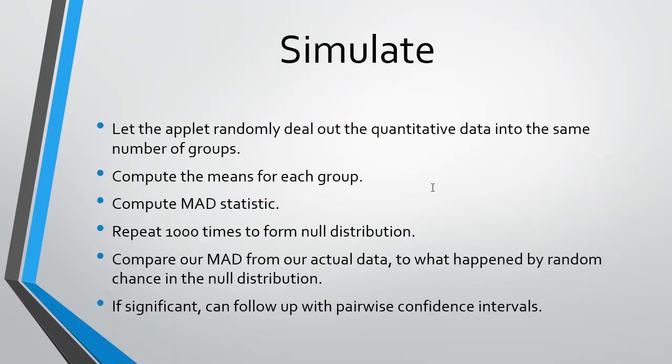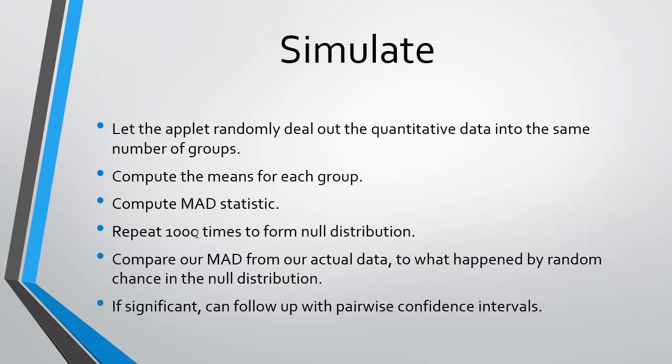Okay, and then we'll just simulate it. We'll let the applet take all our quantitative data, and let's say we have 3 explanatory variable choices, but it could be 6 or whatever, and we'll randomly deal out those numbers into 3 piles or 6 piles. We'll compute the means for each group, the X bars, and then compute the MAD statistic. So we can see what kind of MAD statistics this data would generate if we just did it by random chance.